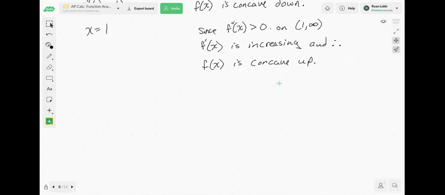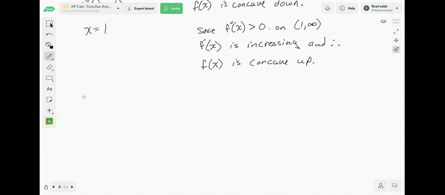What's a point of inflection? Okay, so we're going to say let c, f of c be defined. All right, so you can't have a point of inflection at a place where your function's not defined, so we're going to start with that.